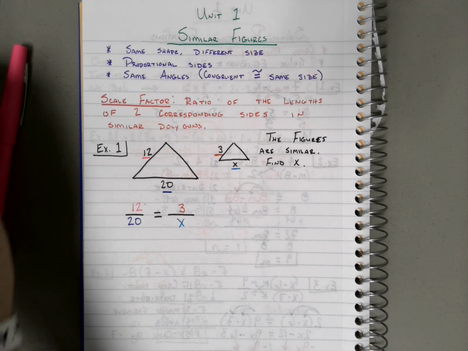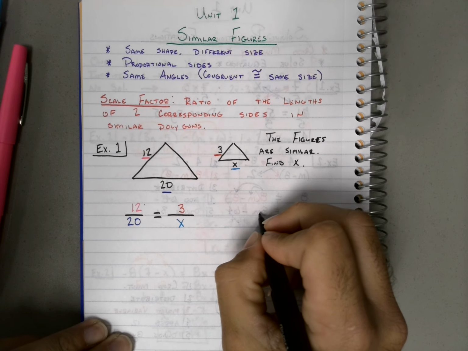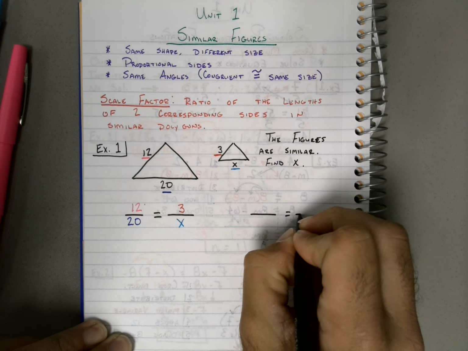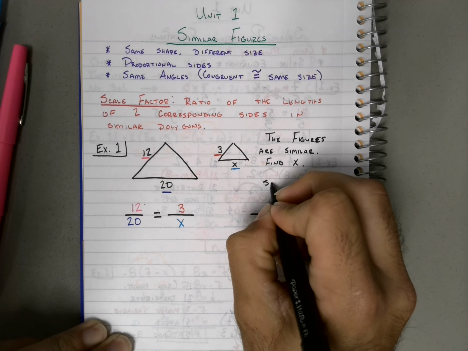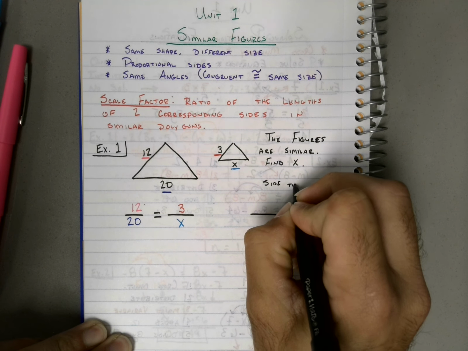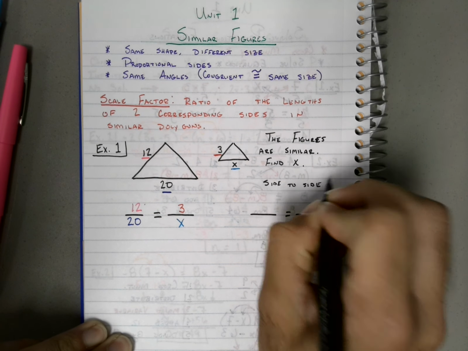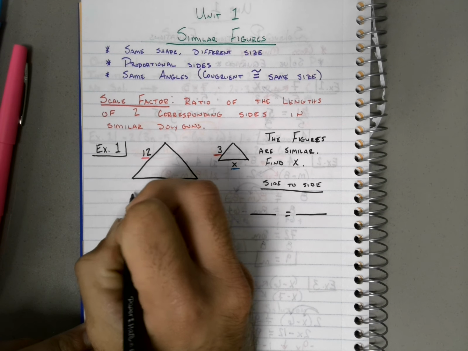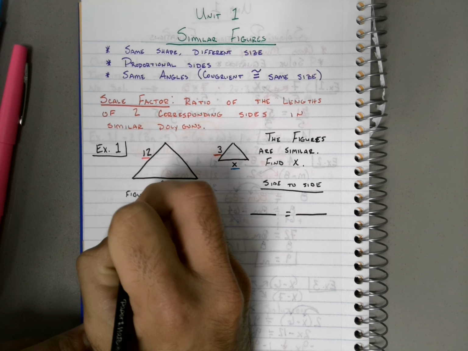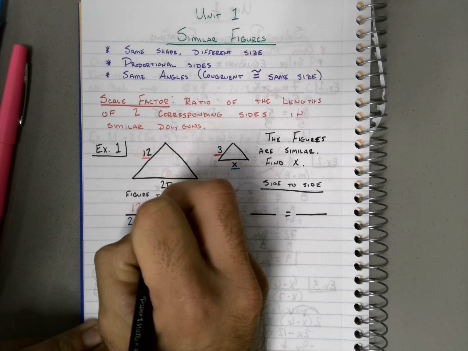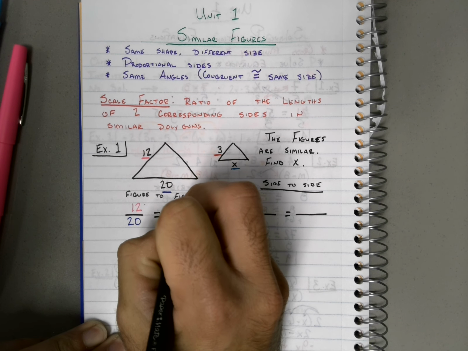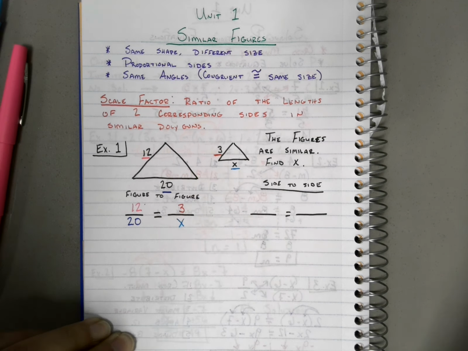Now, if we look at it from side to side, let's see, I do side to side. And this one was figure to figure. I know I had to write small. I should have written that down earlier. I apologize.